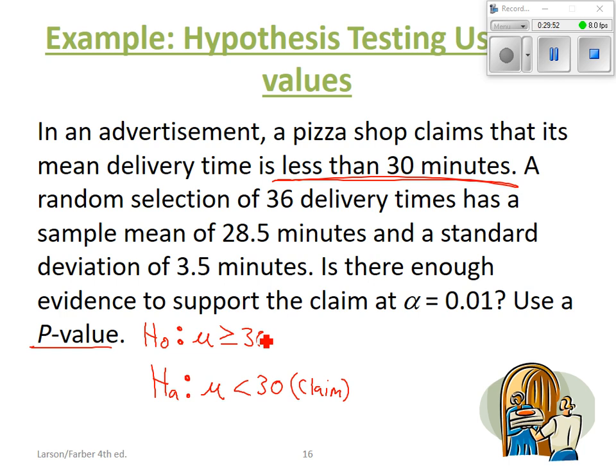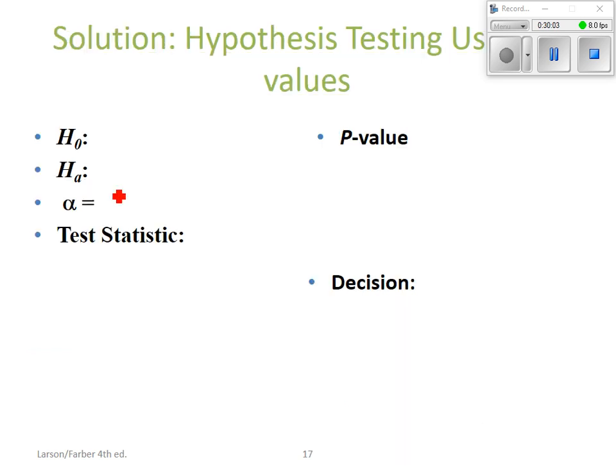This time they wanted us to use the p-value, so we'll do that. But make sure you know how to write those too. That's the claim, so make sure you specify which one is the claim. Our alpha this time was 0.01, 1%.